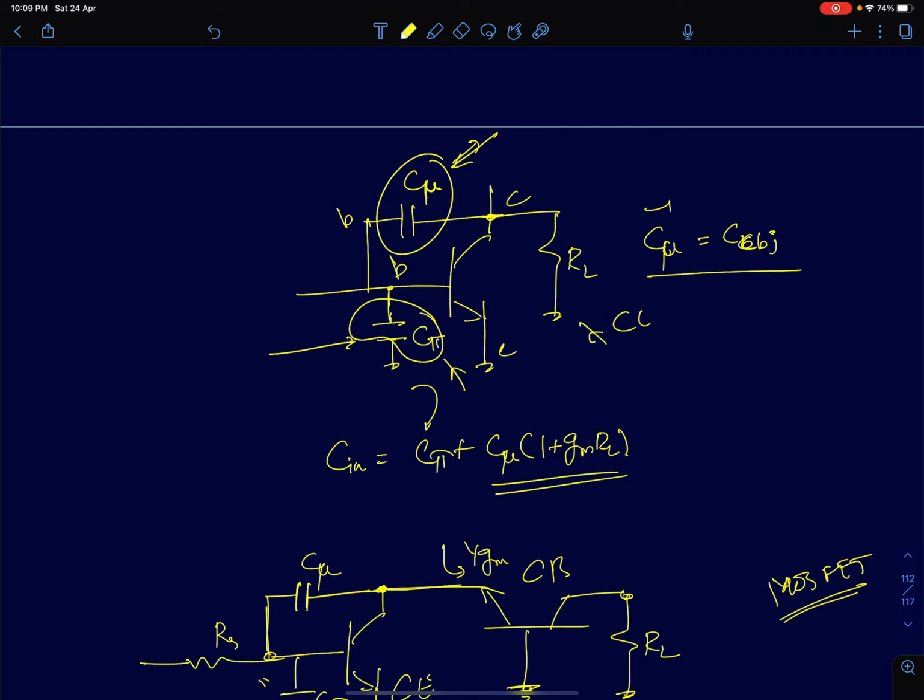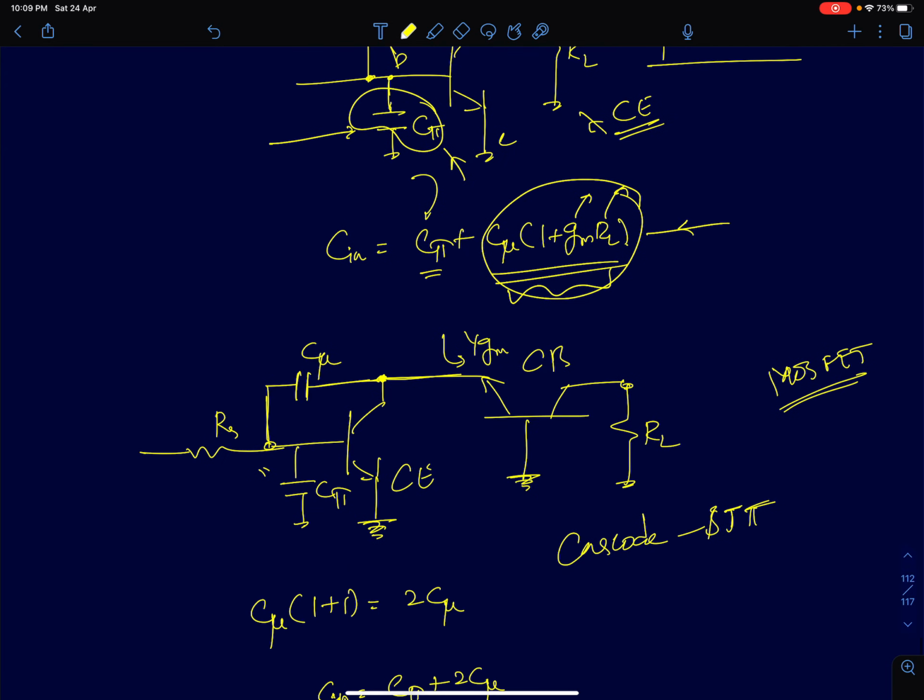So this is a common emitter configuration. The total input capacitance seen here will be C pi plus C mu into 1 plus GMRL. If I increase load resistance or increase transconductance GM, this term is going to increase significantly. So the higher the gain, the lower the bandwidth. That's what we are seeing from this expression.